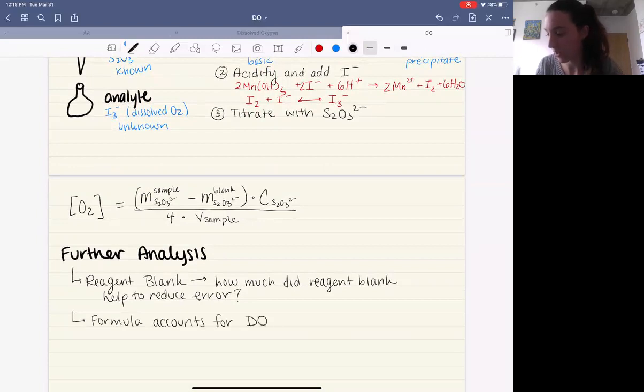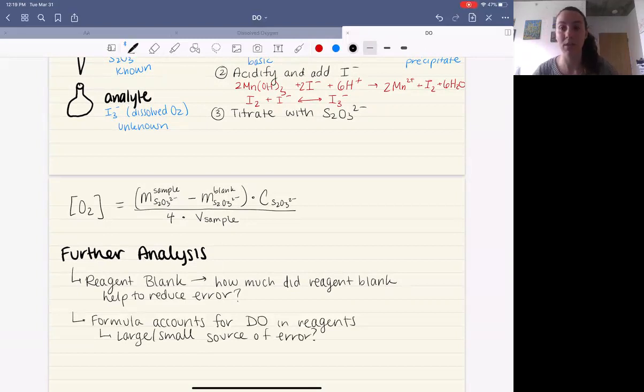Maybe talk about how large or small was that error. Did accounting for that possible dissolved oxygen in the reagents change your answer significantly or insignificantly?